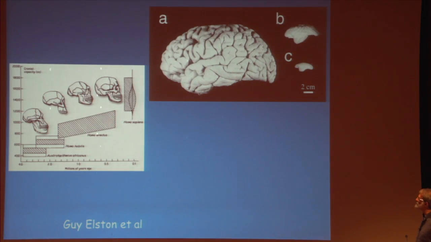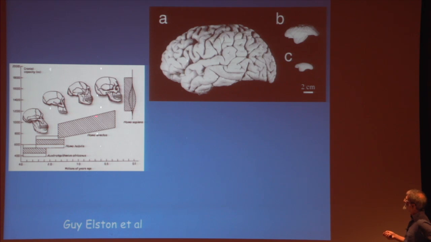I just want to conclude with this slide, where we see a plot in which there is time, millions of years ago, on the x-axis, and cranial capacity, a measure of maybe the number of neurons in the brain of our lineage, maybe also indirectly of the connectivity.